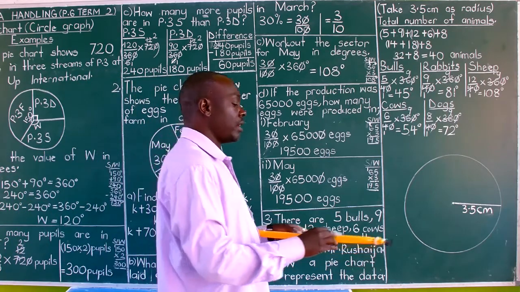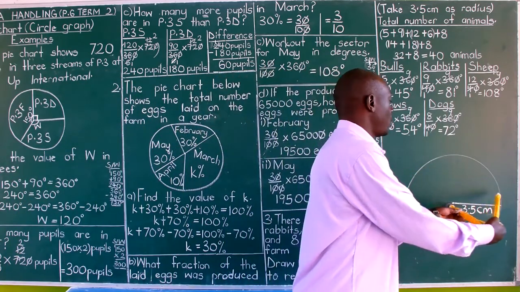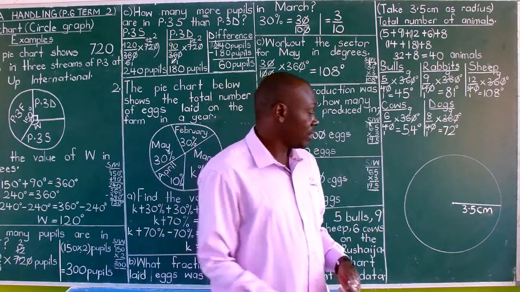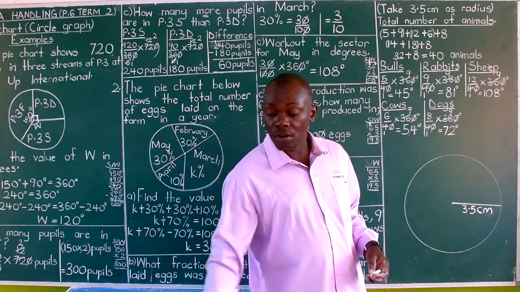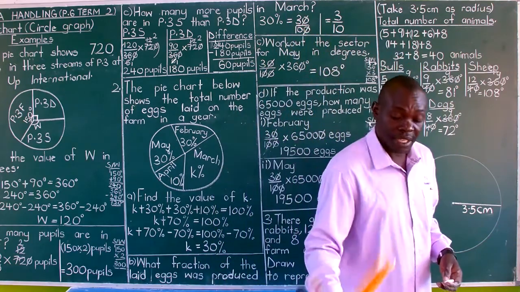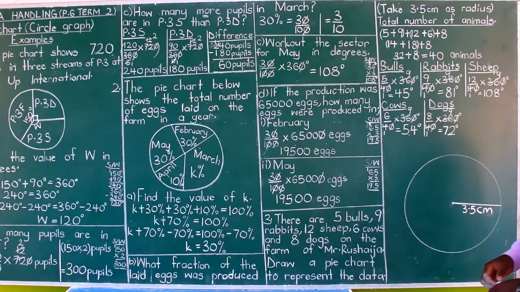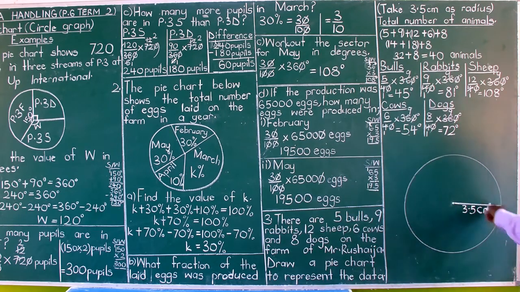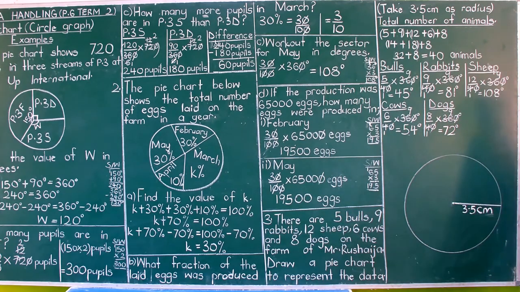Then you will draw a circle using that radius, using your pair of compasses and a pencil. The pencil must be sharp and ensure you have measured the 3.5 like I said, and then write 3.5 centimeters here. Write 3.5 centimeters here properly, and then you do continue.